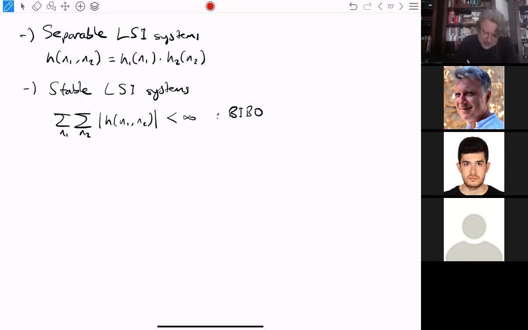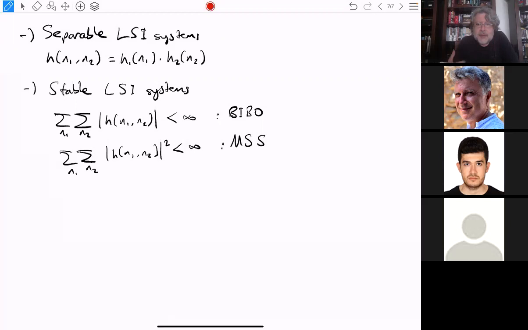And if the summation of the square of it is finite, we say it's stable in the mean square sense.